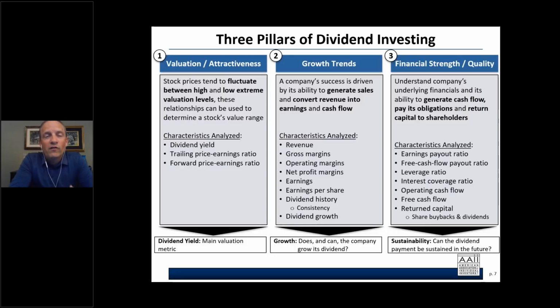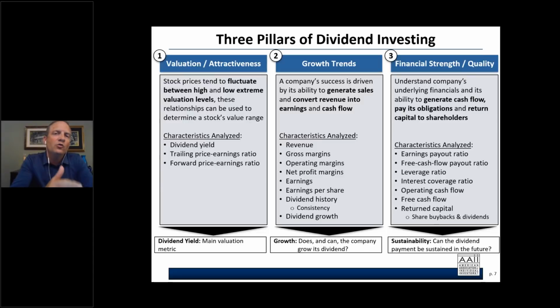Before we get into the overview of the services, I wanted to talk about the 3 pillars of dividend investing. And this is really how I frame the things we look at in 3 big buckets. So there's valuation and attractiveness. That's one of the pillars.